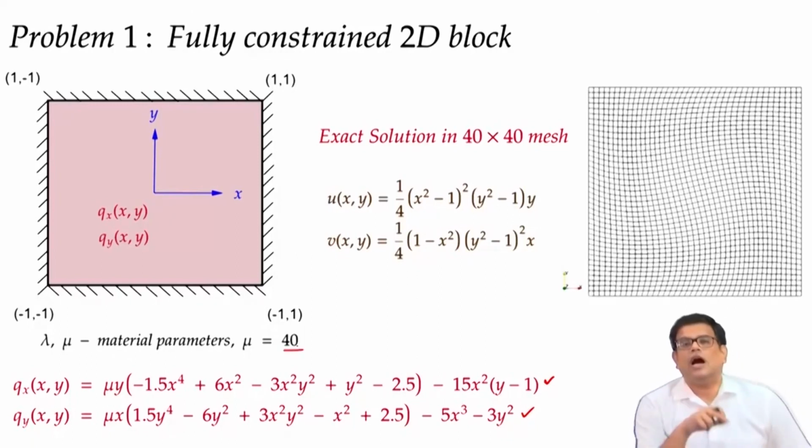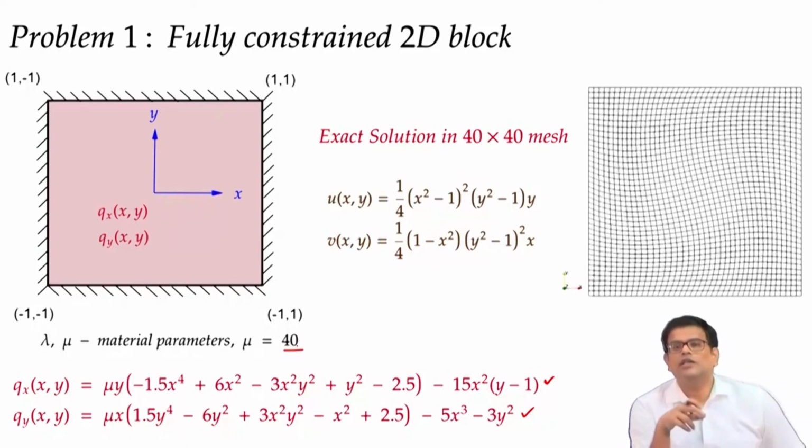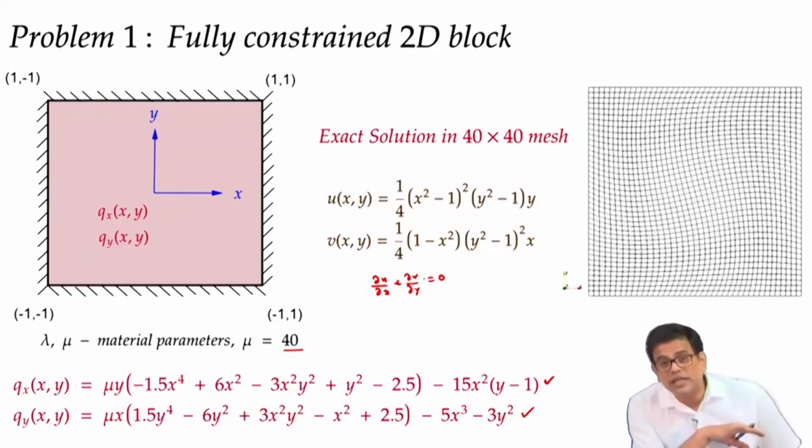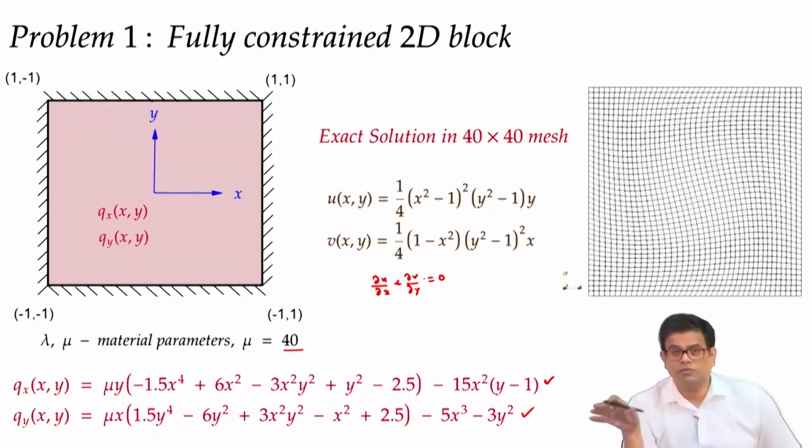Depending on how you choose lambda, the constraint or the incompressibility will vary. If you look carefully at this block and take its volumetric strain, that is del u del x plus del v del y, this is actually 0. So that means it is a totally incompressible block.